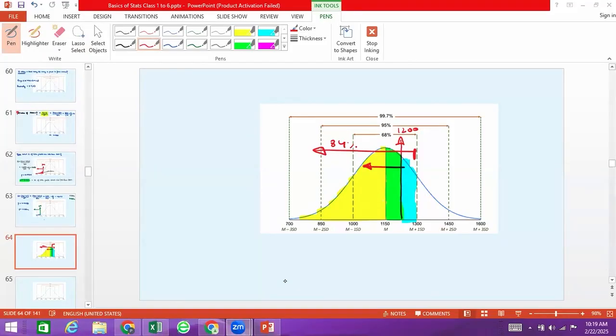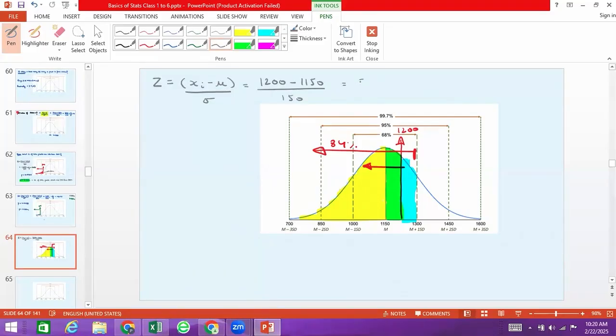Okay. So maybe 62 point something looks like the standard answer that I'm getting from most of you. The first thing that I will do is calculate the Z score. Z value is, again, we will write the formula again and again, Xi minus mu divided by sigma. What is my Xi? 1200 minus mu, that is 1150, divided by sigma 150.